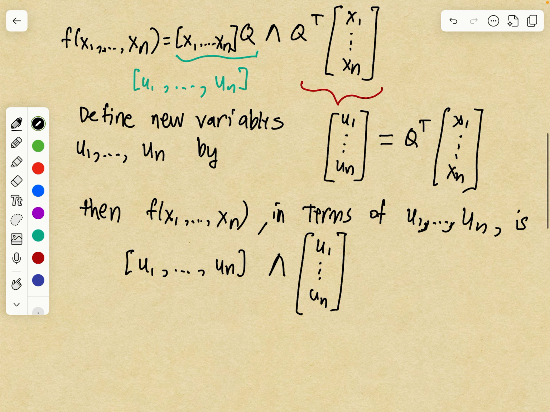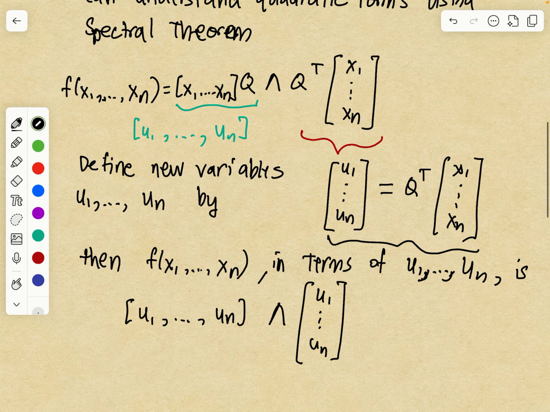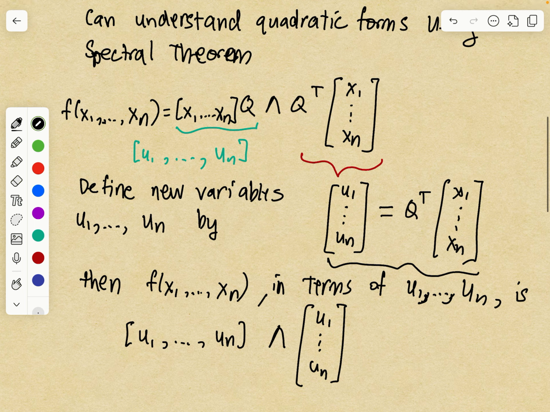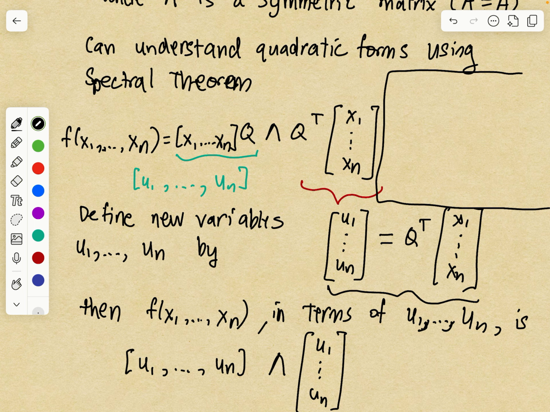By the way, how do we know that this part, the row vector x1 through xn times Q, is equal to the row vector u1 through un? What happens is you can take the transpose. You take this equation and transpose both sides, and maybe I'll just do a little thing on the side.